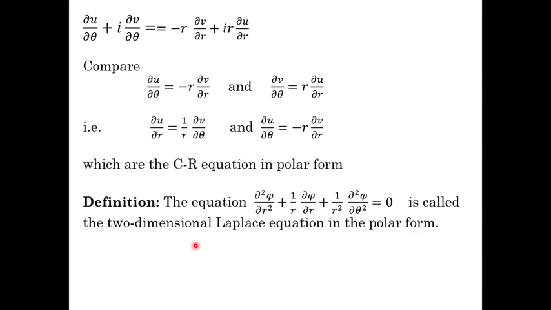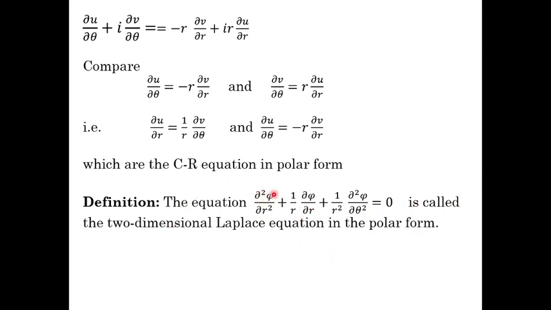What is the Laplace equation in Cartesian form? Dou squared f by dou x square plus dou squared f by dou y square is equal to what? 0, because Cartesian means x and y coordinates. Here what are the coordinates in polar form? R and theta. Here also we discuss the harmonic function in polar form.